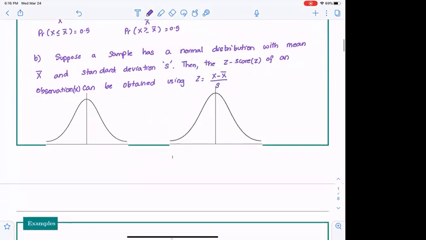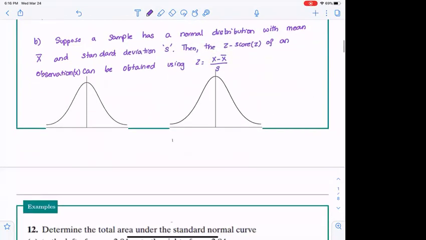So if I start with data that has a mean, x bar, and standard deviation, which is S, and it has a bell curve, we already know that this is a normal distribution.